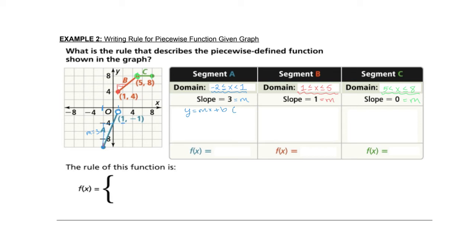On the blue line, we can see one of the points is (1, -1). So we plug in 3 for m, 1 for x, and -1 for y. So -1 equals 3 times 1 plus b. So -1 equals 3 plus b. Therefore, b equals -4. So we rewrite this as y equals our slope 3 times x, plus b, or -4.